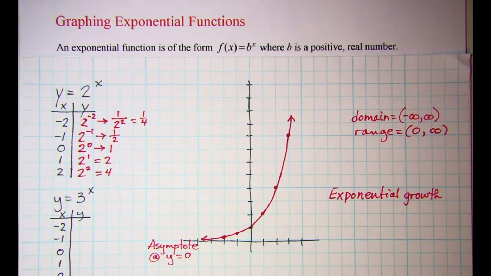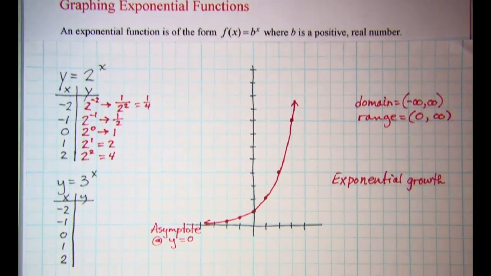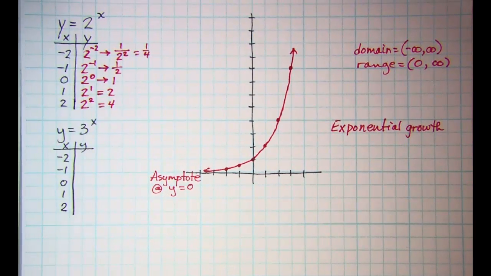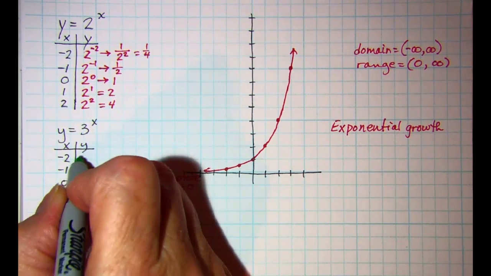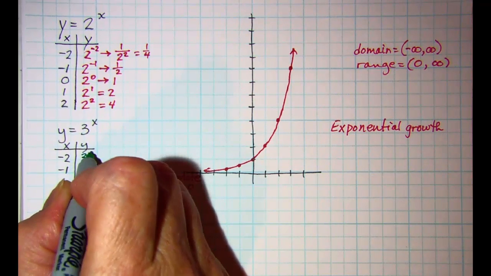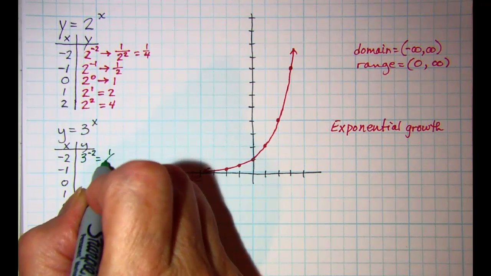Now I'd like to also look at y equals 3 to the x power, just to compare it to the 2 to the x. When x is negative 2, we have 3 to the negative 2, which will be 1/9.